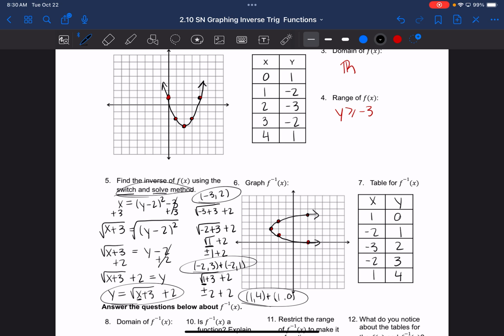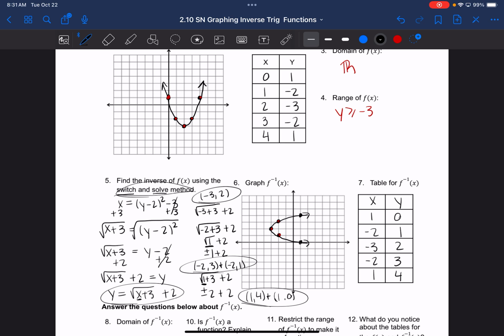Okay, so we've got our graph here that looks very similar to what we started with. But what appears to have happened to our graph? The x and y values flipped. Okay, so if the x and y values flipped, what type of reflection might we say happened here?